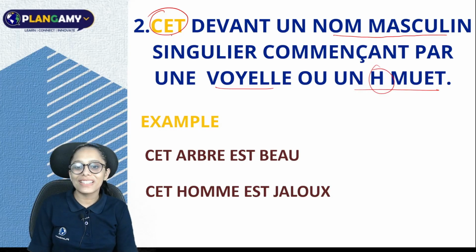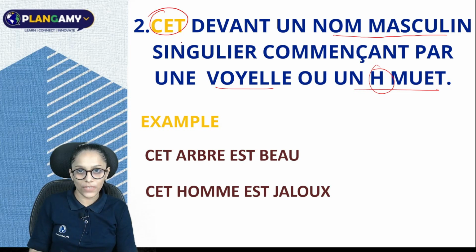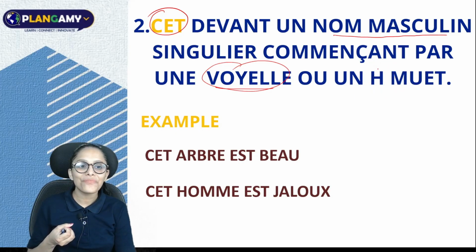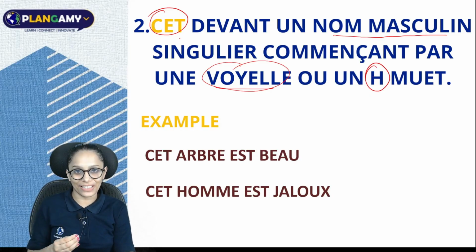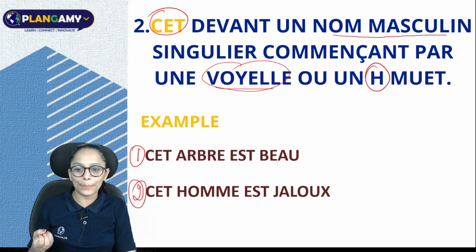Okay, so cet, C-E-T, you will only use if your noun is singular and masculine, but it is beginning with a vowel or H mute. Then only you are obliged to use cet. So here again we have examples, example number 1 and then example number 2.